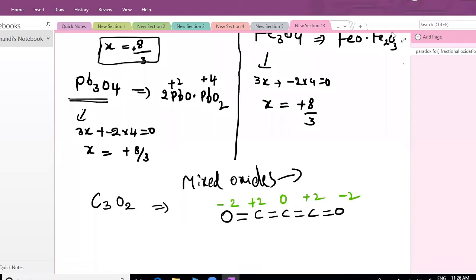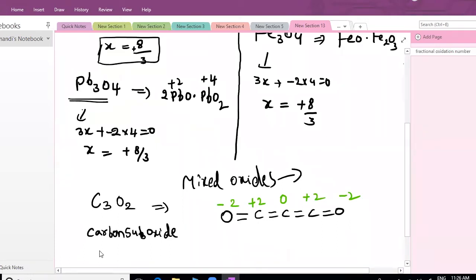Carbon suboxide. Remember the starting point I gave: whenever an element is combined with the same atom, the oxidation number is 0. For example, Cl combining like Cl2, sir. You get the oxidation number 0. Is it correct?